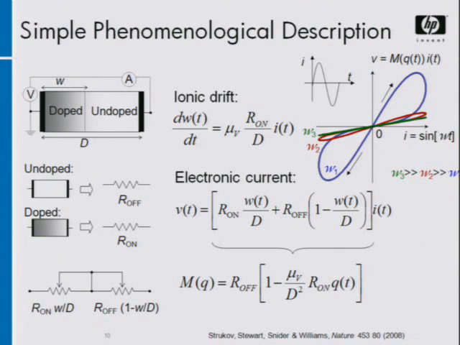So dw/dt in this is the drift velocity of the vacancies, if you will, at the leading edge of this dividing line between doped and undoped material. And so I've got the mobility of the vacancies times the electric field, described in a little bit different way.